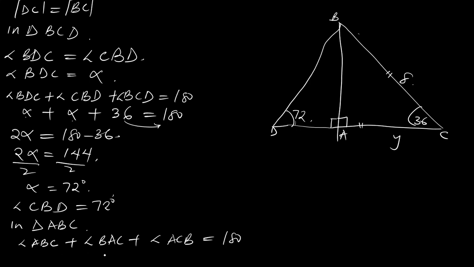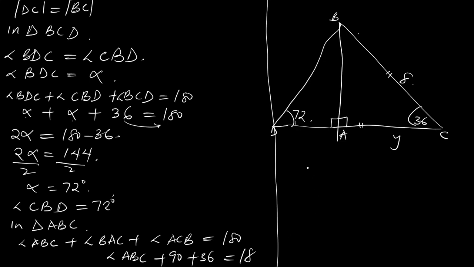So angle ABC is not known. So angle ABC plus angle BAC, which is 90, plus angle ACB, which is 36, equal to what? 180. Then now let's draw a line like this. So now 90 plus 36 is 126.